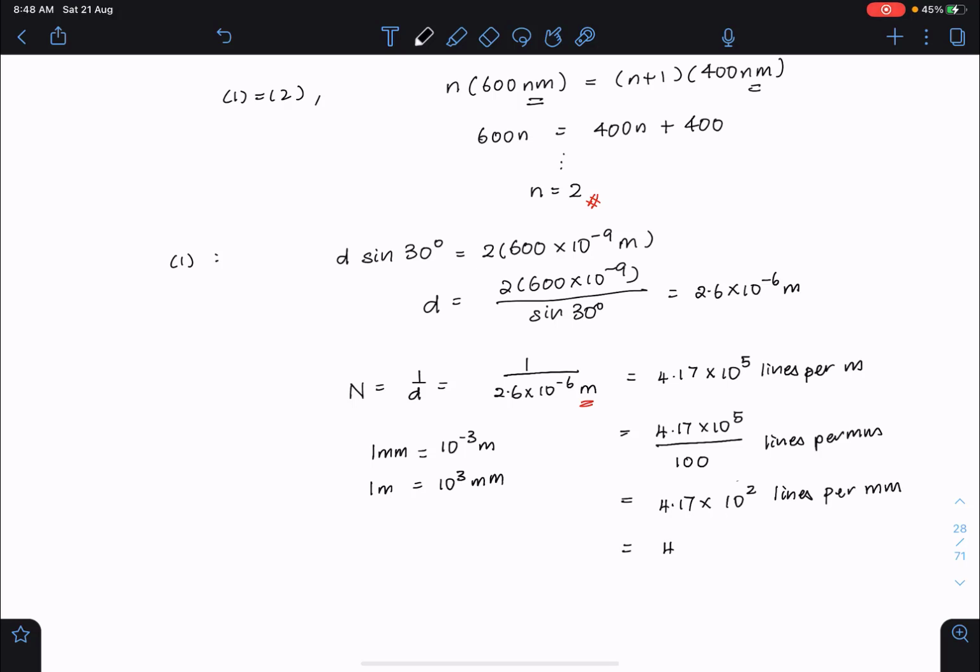And if you want to write it the same as your lecture notes, that will be 417 lines per millimeter. Okay, so that is your final answer.